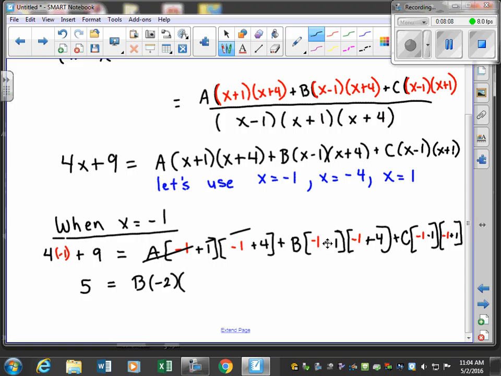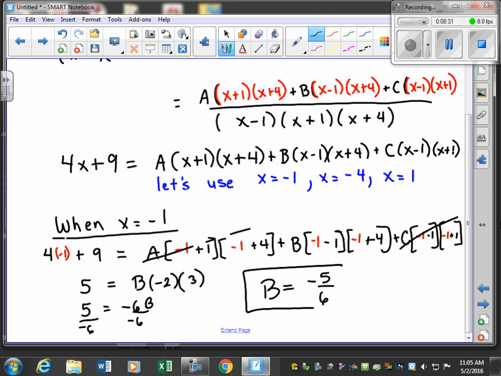And what is -1 plus 4? 3. All right, and over here on the c term, this right here gets us a 0, so the c term zeroes out, and we find out that 5 is equal to -6b. Solve for b. So b equals -5/6.